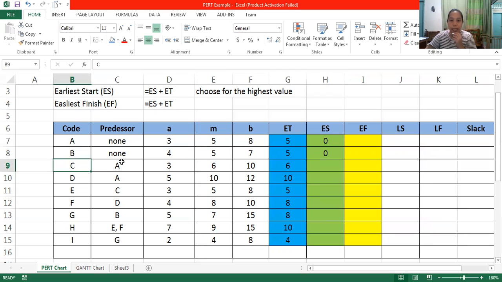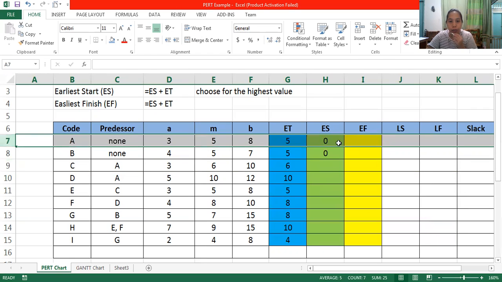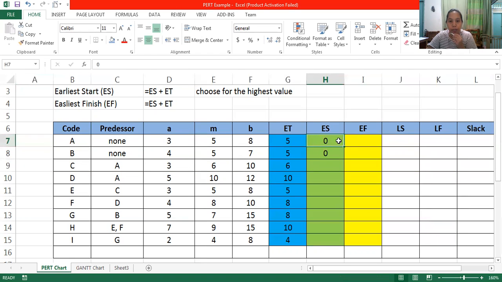Then on C, we apply our formula ES plus ET. Here on the ES, we're going to compute it. For C, the predecessor is A. So we're going to go back to A and add the ES and the ET of A. Get it?